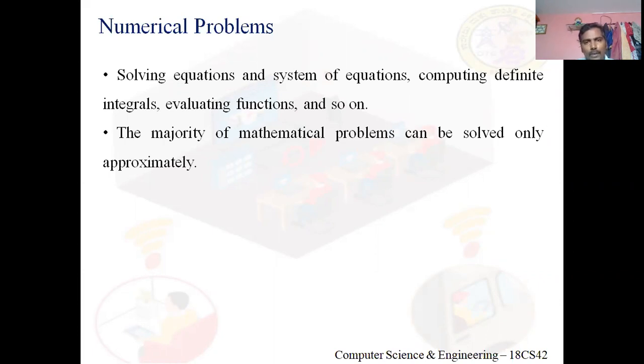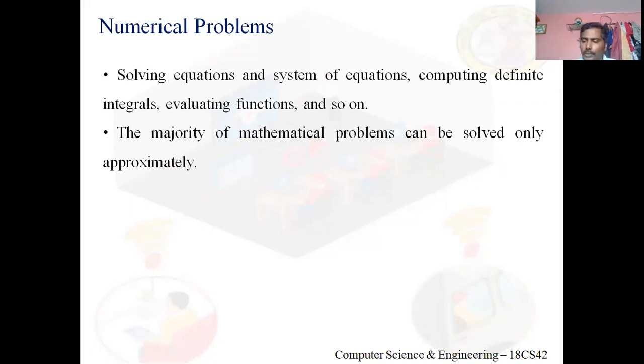After the decimal point, we may round up to 2 digits, or 3 digits, or 4 digits. So most mathematical problems are approximations. For example, square root and sine. We won't get an exact answer, we'll get an approximated answer. That we call an approximation problem.